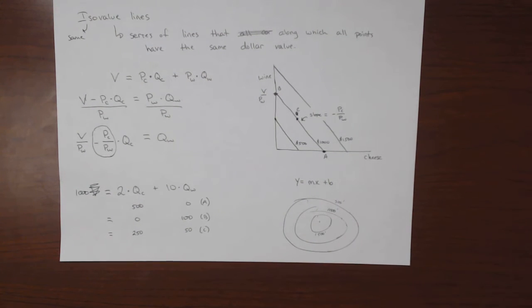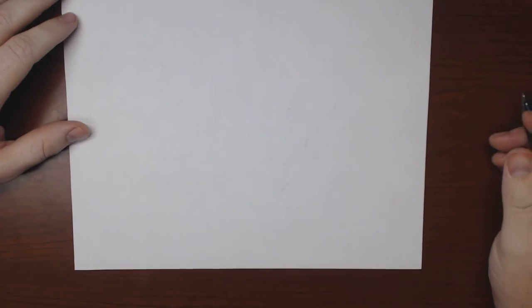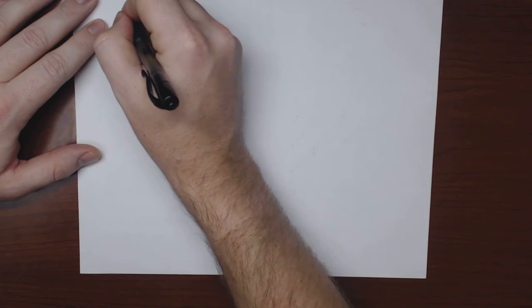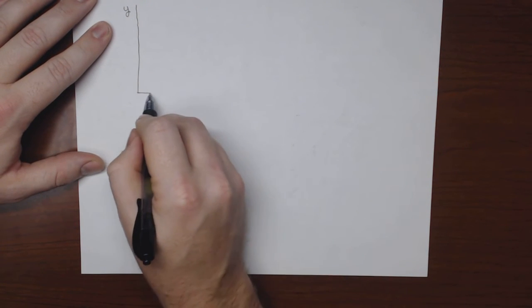So now the question becomes, how do we relate these things to our PPF curve to figure out what's going on? Okay, so let's start off and suppose that we have two goods, and I'm going to switch to just X and Y because it's easier to think about them in those terms.